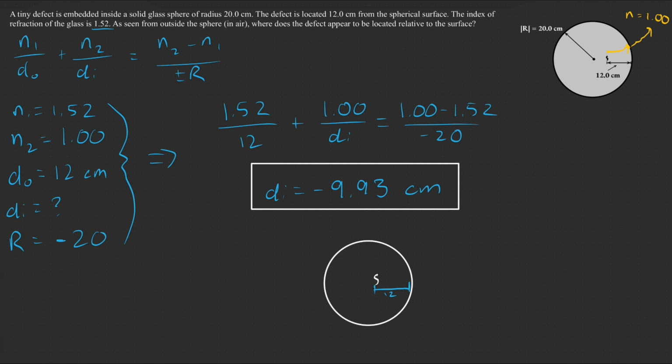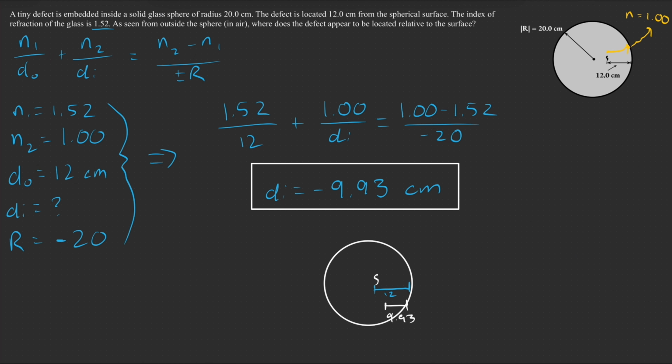Okay, this negative sign means that our image has appeared on the side of the refracting surface that we started on. So we started on the left side of the refracting surface, so our DI being negative means that we landed 9.93 centimeters to the left of the refracting surface.